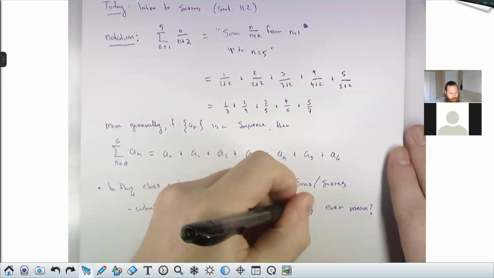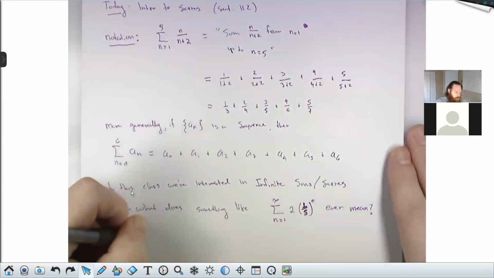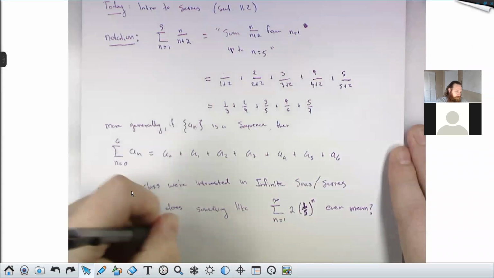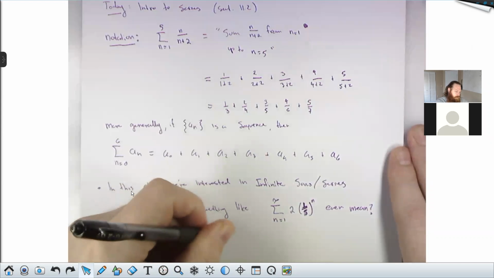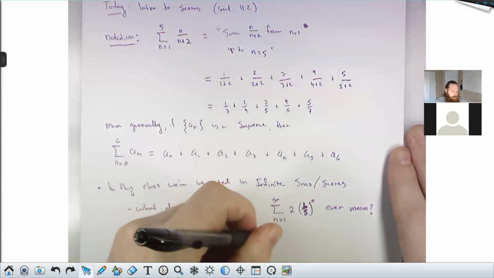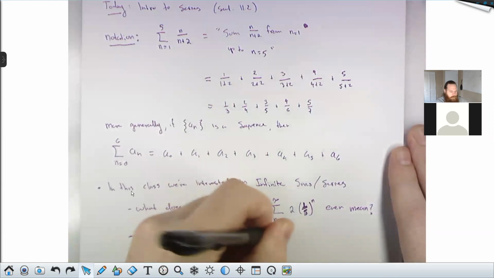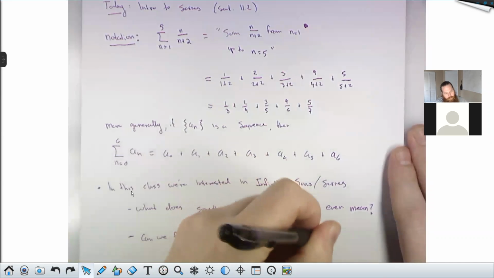I mean, that's challenging on its own. The next big challenge is, can we figure out when stuff like that is finite?